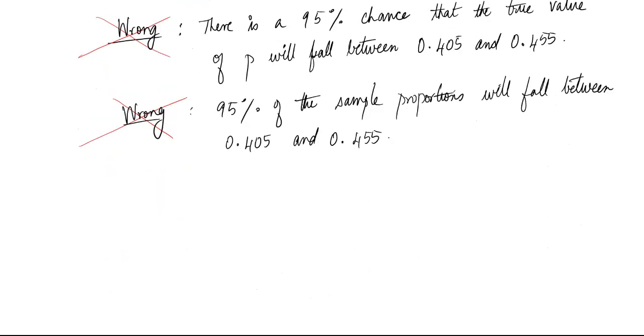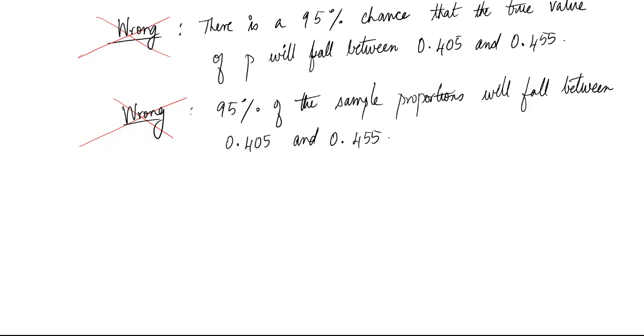A confidence level of 95% is actually a process that in the long run will result in confidence interval limits that contain the true proportion 95% of the time. If you had 20 different samples, then 19 out of 20 times the interval you obtain from a sample will contain the true population proportion.